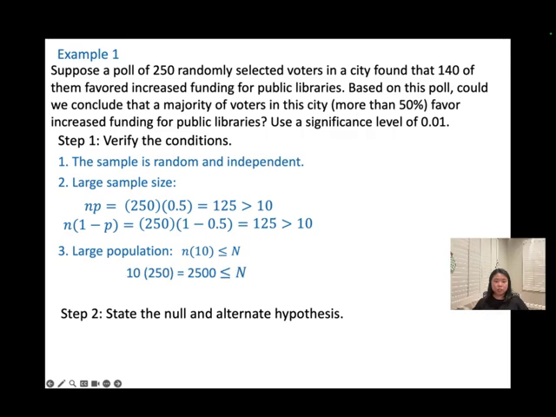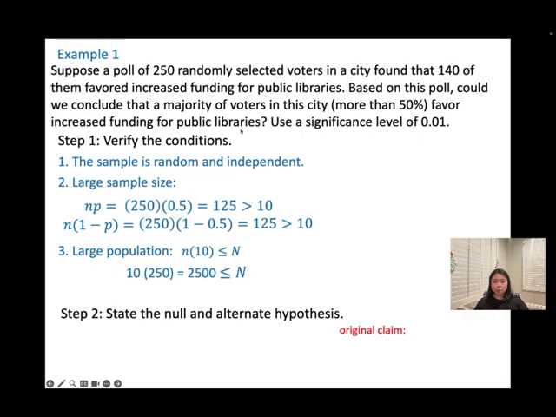Now we're going to state the null and alternate hypotheses. First, you can write down the original claim. This is not necessary. If you can handle it, you could just skip this part. So for the original claim, you look at the claim statement: we conclude that a majority of voters in this city, more than 50%, favor increased funding for public libraries.